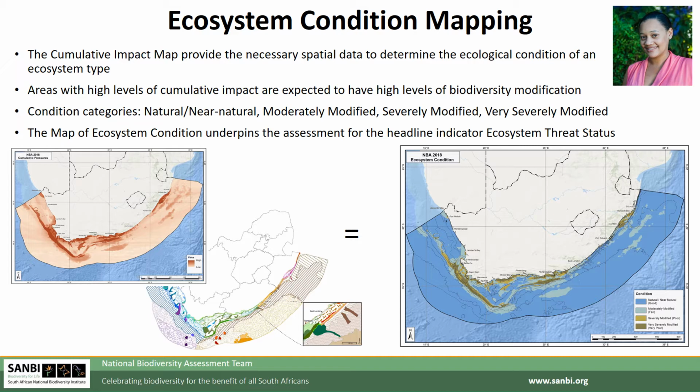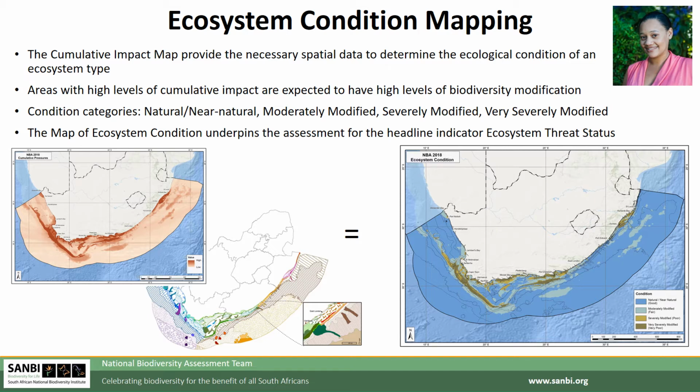The cumulative impact map provides the necessary spatial data to determine the ecological condition of an ecosystem type. Areas with high levels of cumulative impact are expected to have high levels of biodiversity modification. And these levels of modification are divided into 4 condition categories.